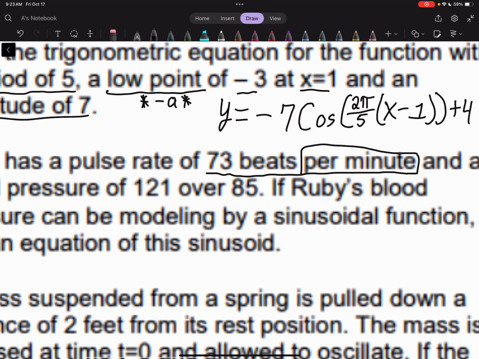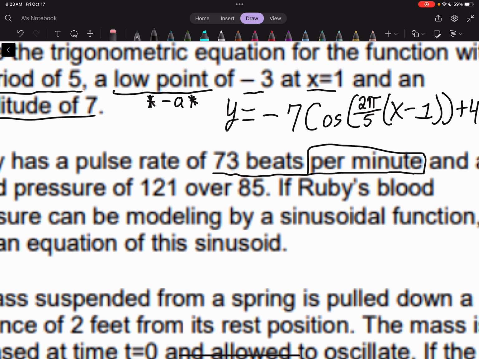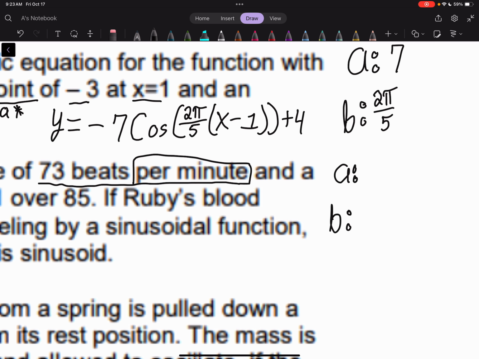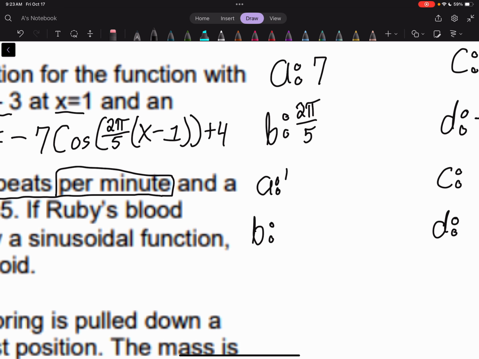For my a value, I want to find the distance between my maximum and minimum. So this is 121 minus 85. And that's 36. I need to divide this by 2 for halfway, and that gives me 18.